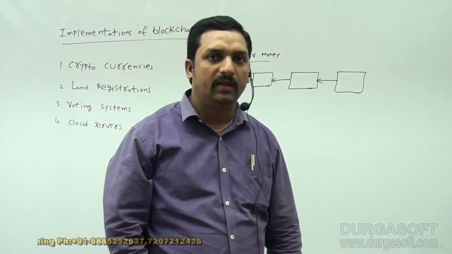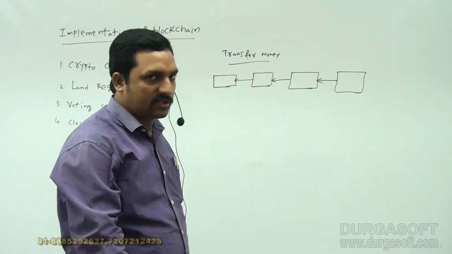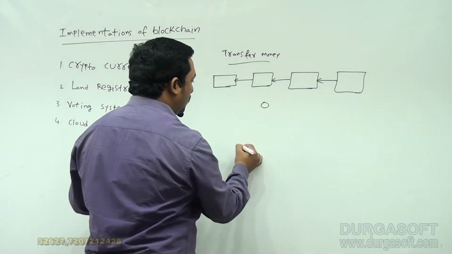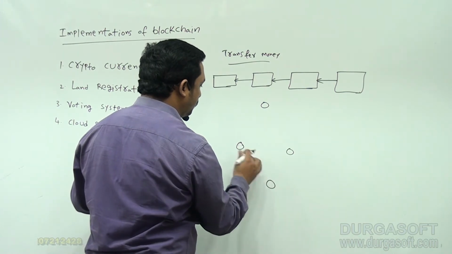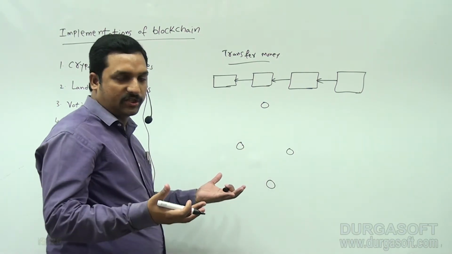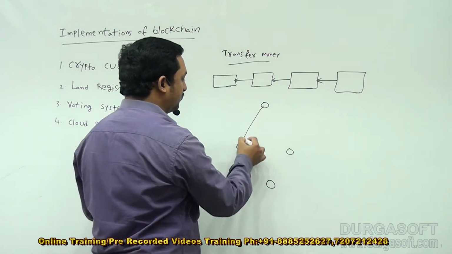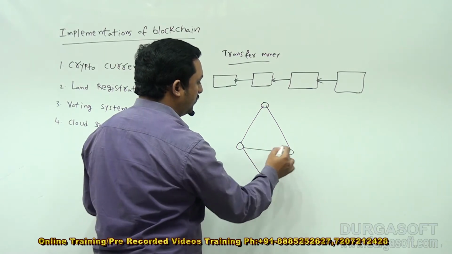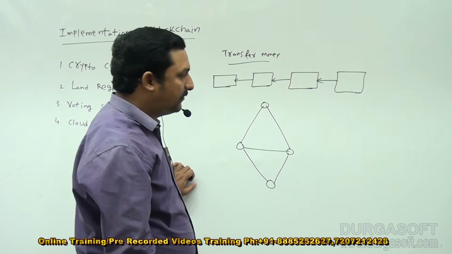Okay, right. What kind of data do we store in the blockchain of a cryptocurrency particularly? So as usual, we will take some nodes. These are the different nodes of the network, nothing but computing devices such as computers. Okay, we have this kind of network, and we will store some data.